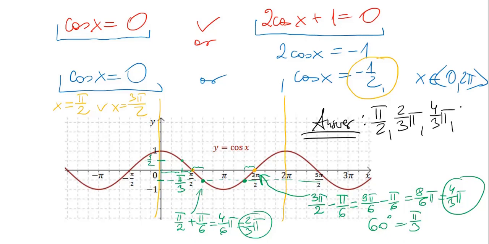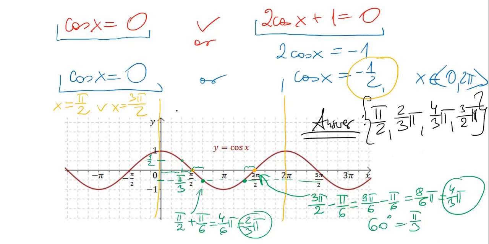And the last one is 3 halves of pi. 3 halves pi. I really don't know how to read that. 3 halves pi, maybe something like this. Right, so these are our answers. So we have 1, 2, 3, 4 possibilities, 4 answers for this equation.